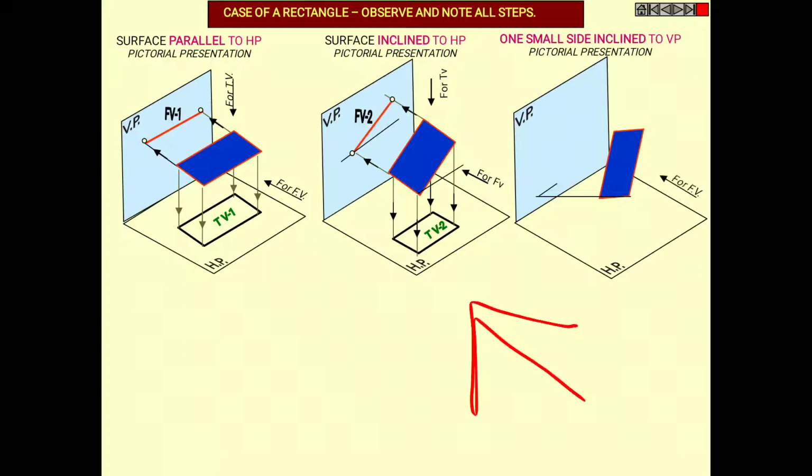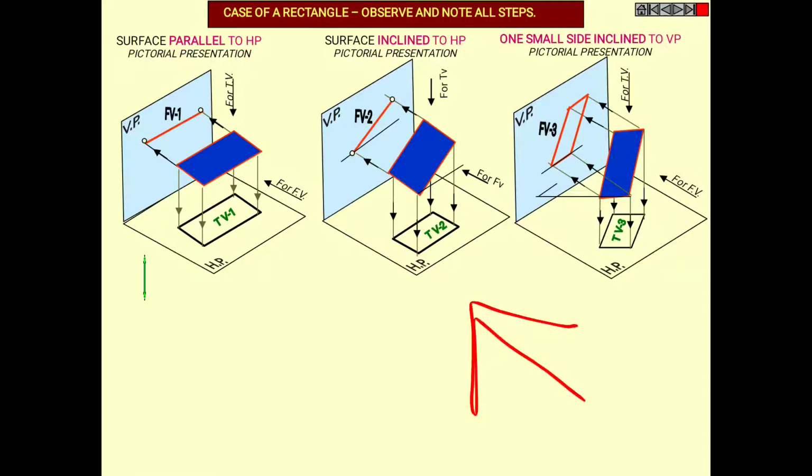And in the third case, you can see a small side inclined to VP, so it looks like a quadrilateral in the front view on your VP, and similarly a quadrilateral in your top view on the HP.